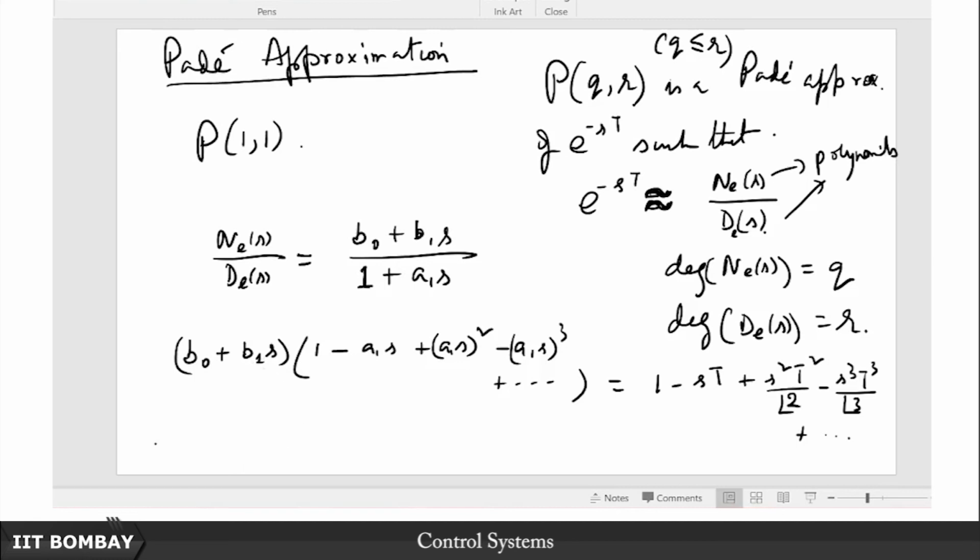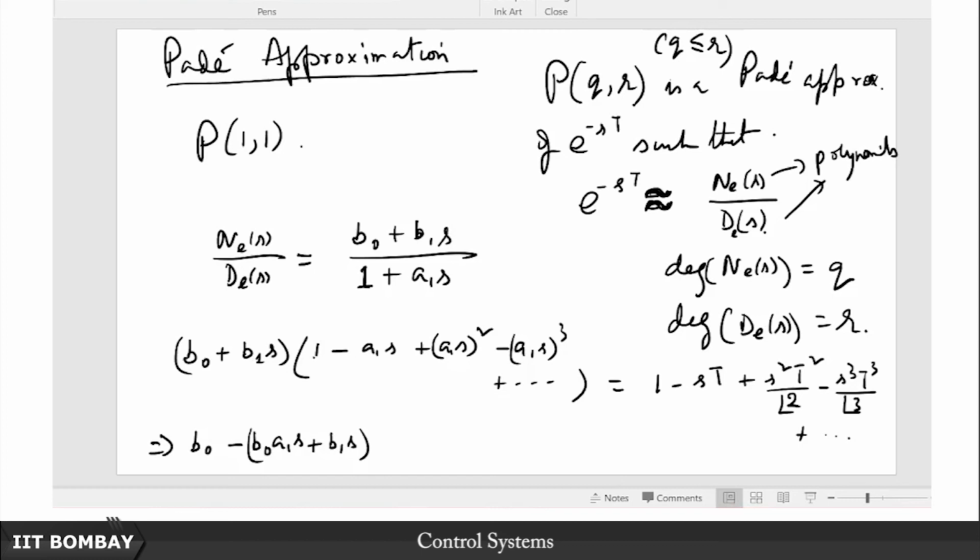So if I now collect together all the terms like this, on the left hand side I have b0, of course I'll ignore the higher order terms. What's the coefficient of s? It's minus b0 a1 plus b1, times s.